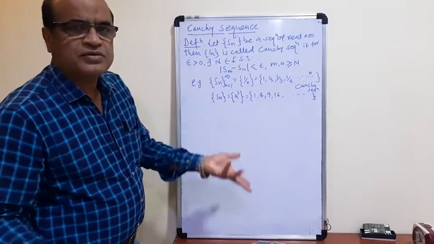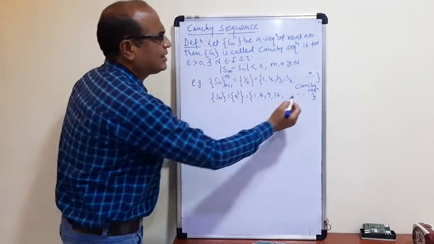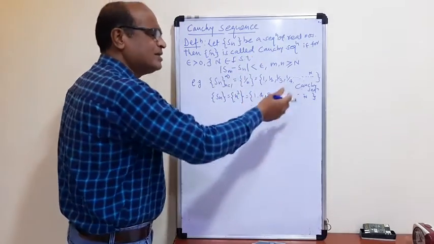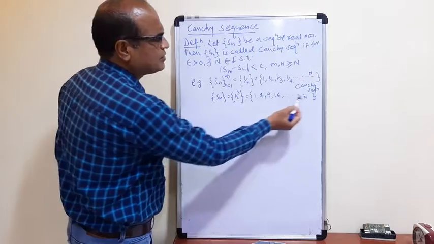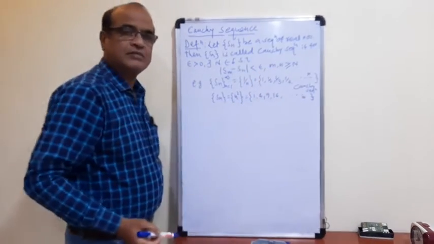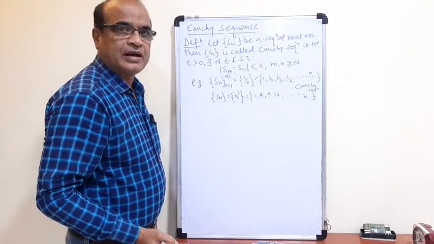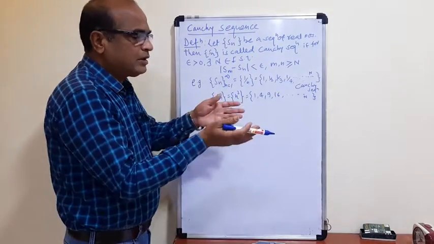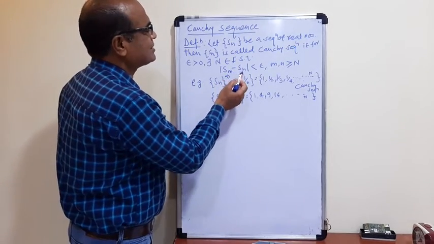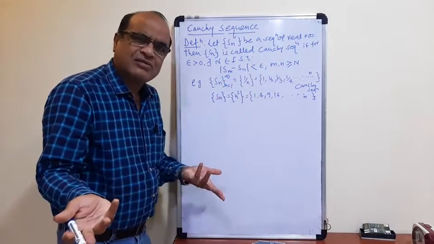This is not a Cauchy sequence, because here n is so large and the sequence goes up to infinity. So if we take m and n, even if we take some closer elements, Sm minus Sn is certainly not less than epsilon.